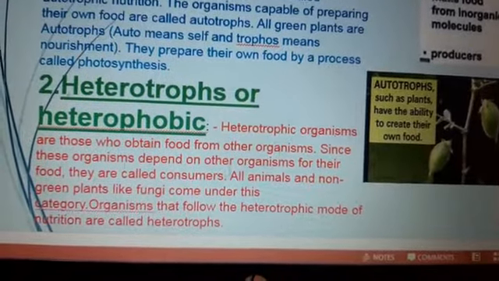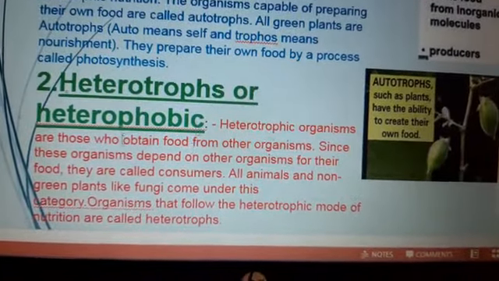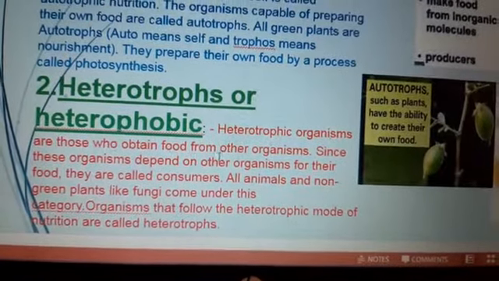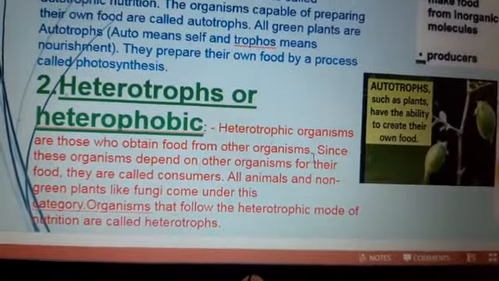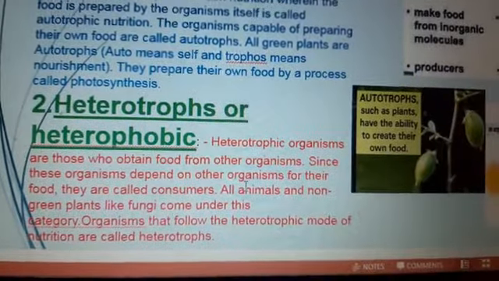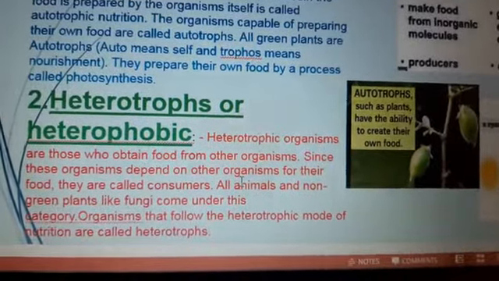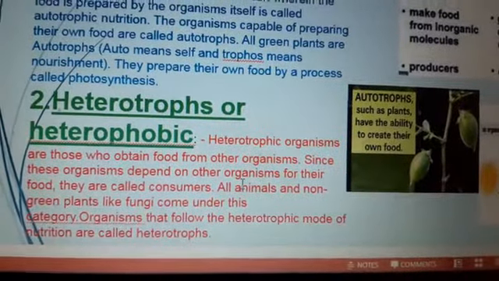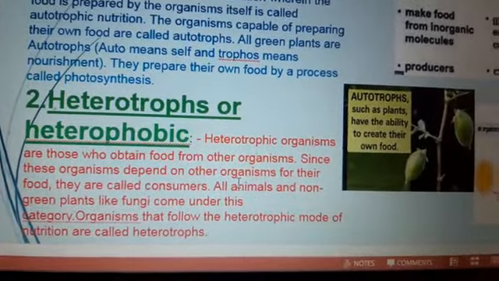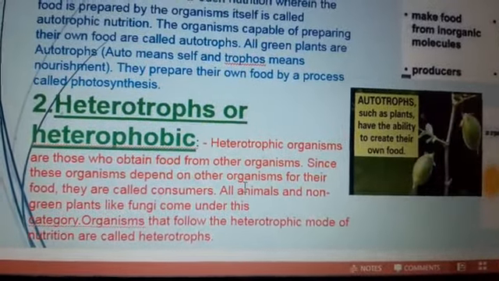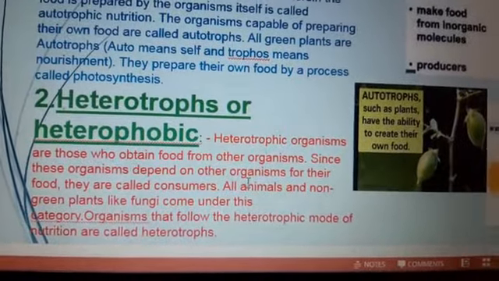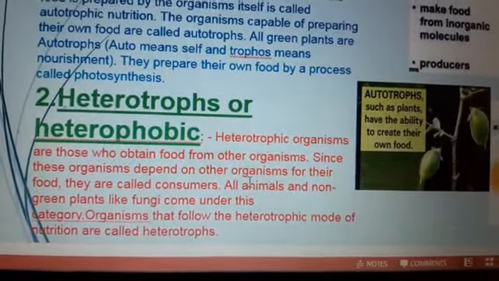Heterotrophic organisms are those that obtain food from other organisms. They depend totally on other organisms for their food.